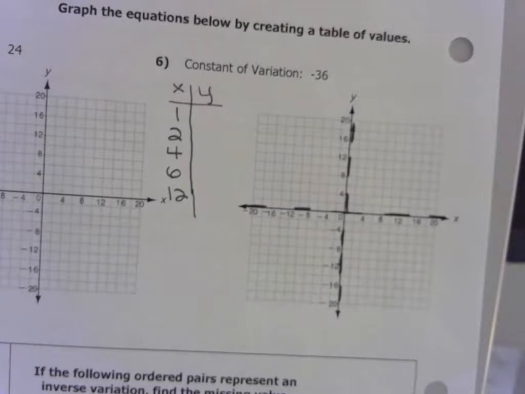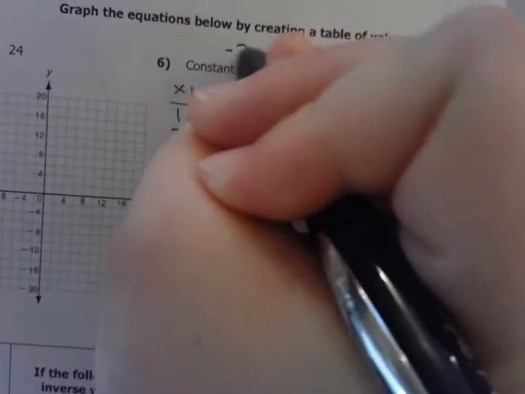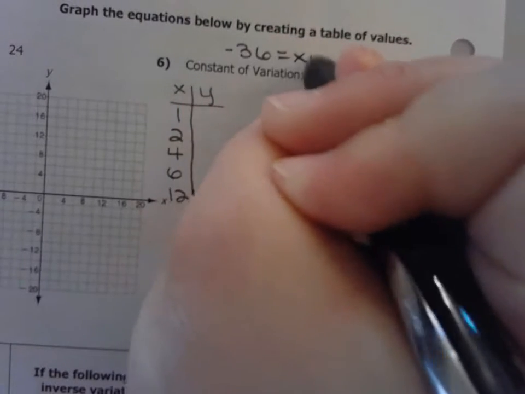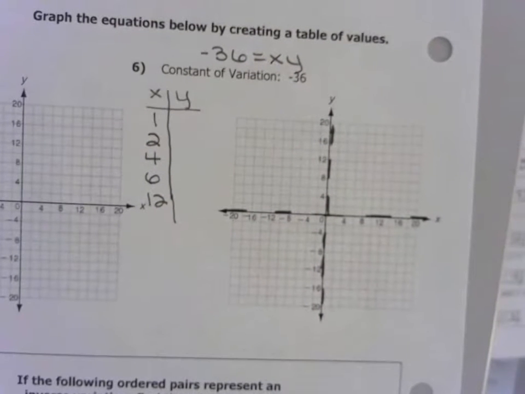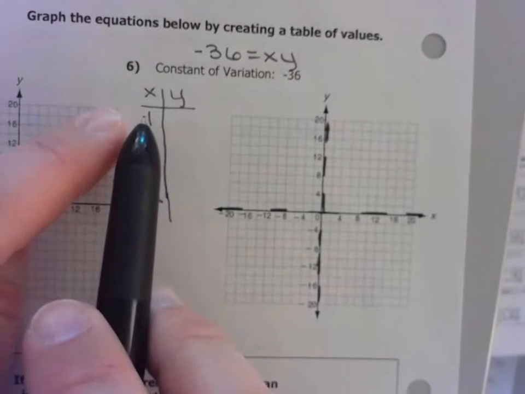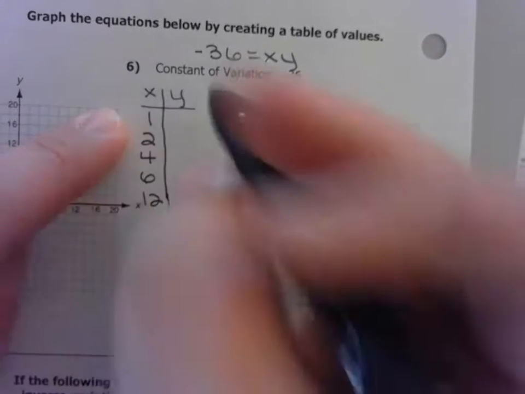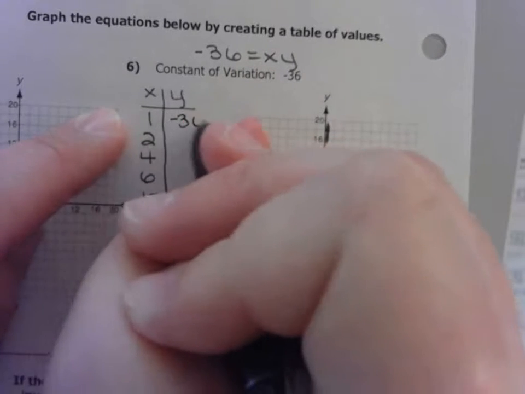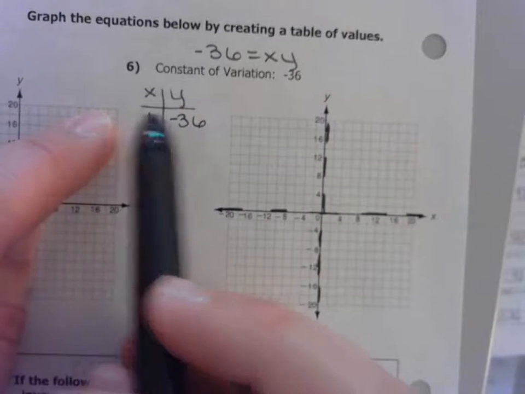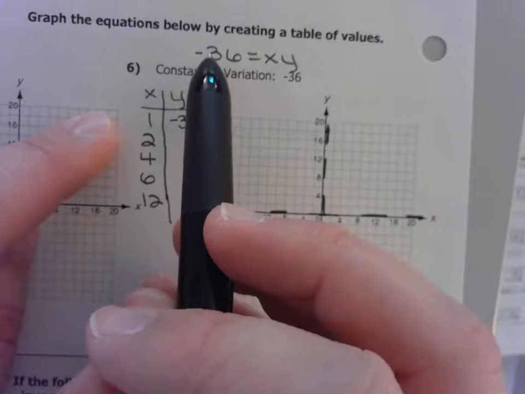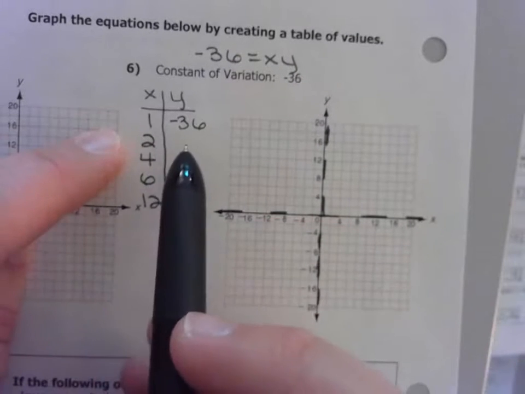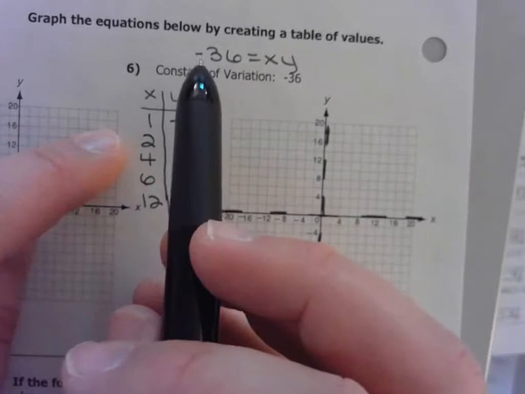Now, let's think about this. My constant of variation is negative 36. So negative 36 equals x times y. That's the formula. If your constant of variation is equal to x times y, I have my x value, so I need to think to myself, 1 times what gives me negative 36? Negative 36. Okay, so a positive 1 times a negative 36 gives me negative 36. 2 times what gives me negative 36?